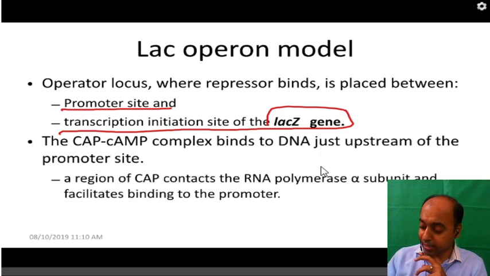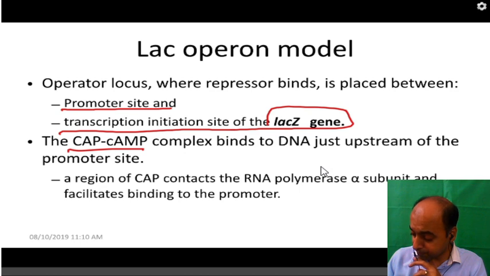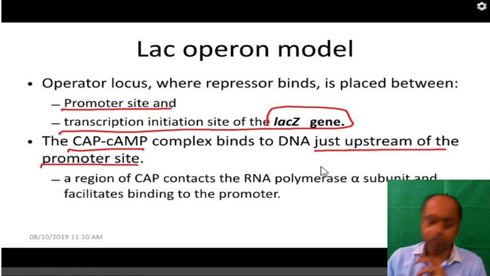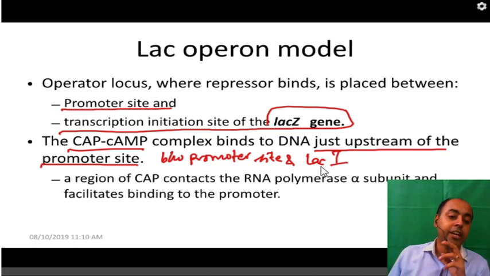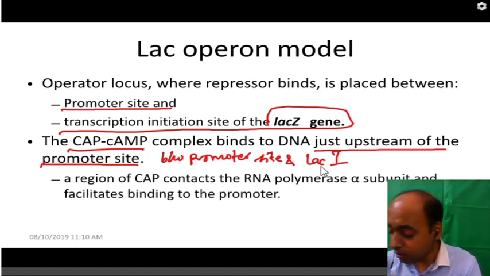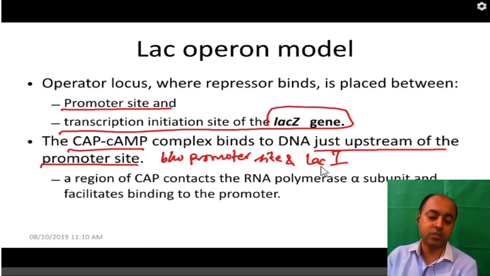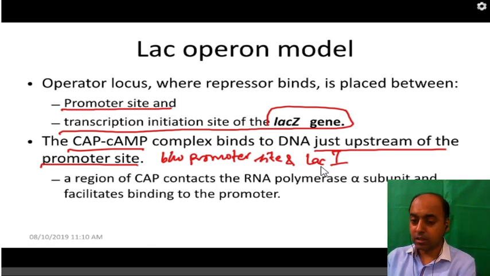Whereas the point for attaching the CAP-cyclic AMP complex, it is just upstream of the promoter site, between the promoter site and lac I. Lac I is the repressor gene.